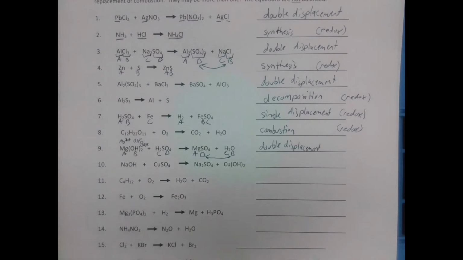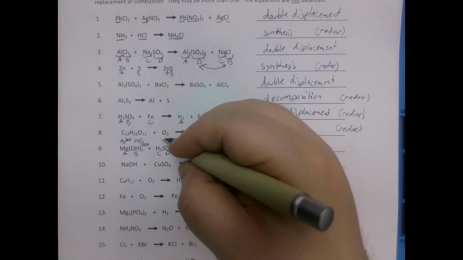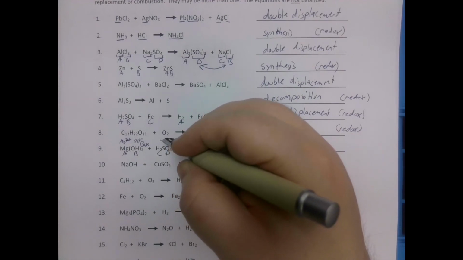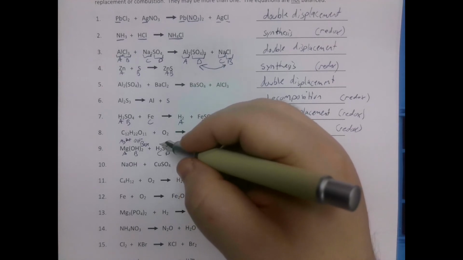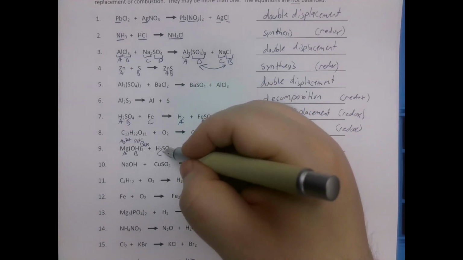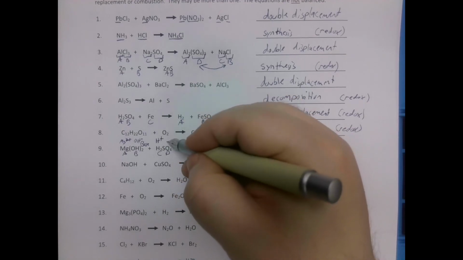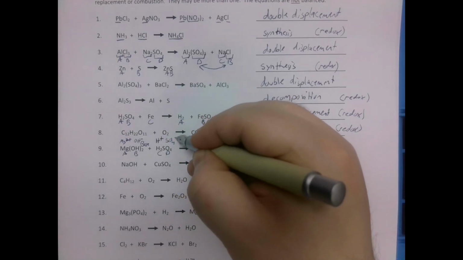H2SO4. What are their two ions? No, this isn't good, guys. This entire unit requires your knowledge of the previous two units. So H plus and SO4 2 minus.